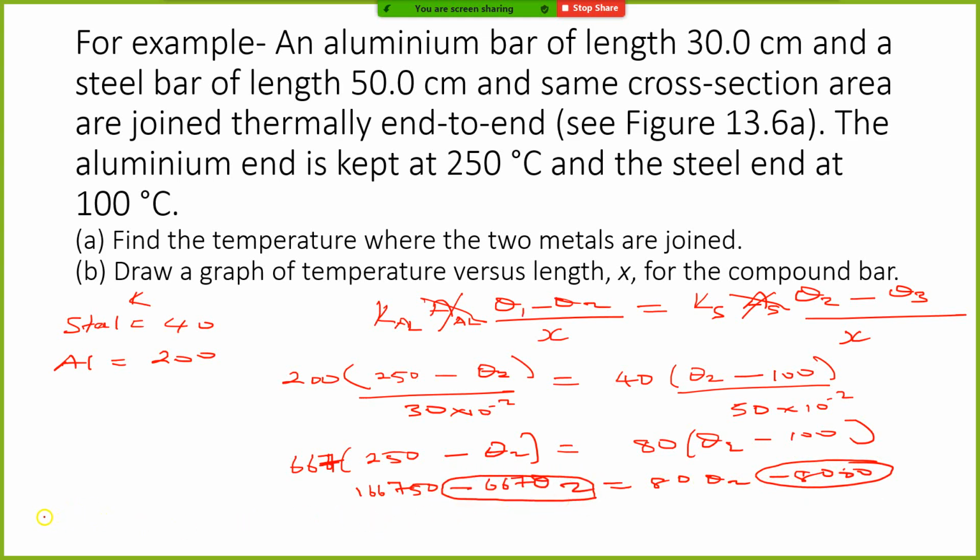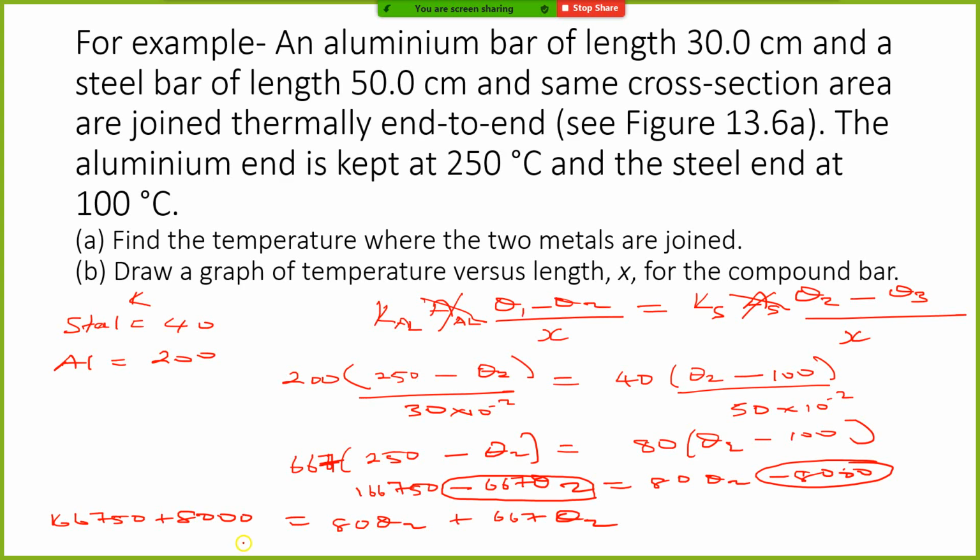So when I do that, I'm essentially saying 166,750 plus 8,000 is equal to 80 θ2 plus, not 6,000, 667 θ2. So let me do the maths now.